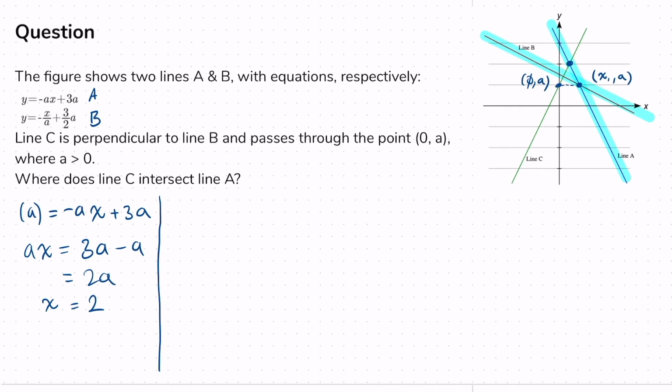So now that I know that x is 2, right, well then I can put these two values into B, to find out what this point here is. So if I can find this point, then I can find out the C, the value, or the y-intercept of line C. So let's substitute x equals 2 into B. And we also know that y is equal to A.